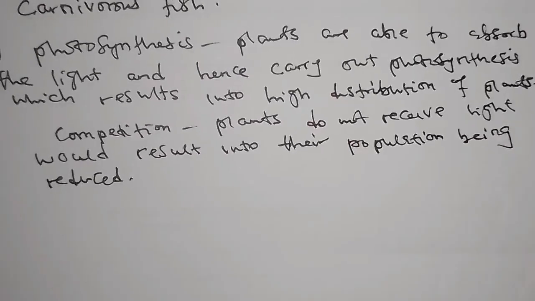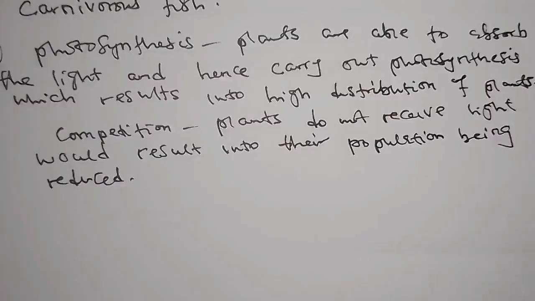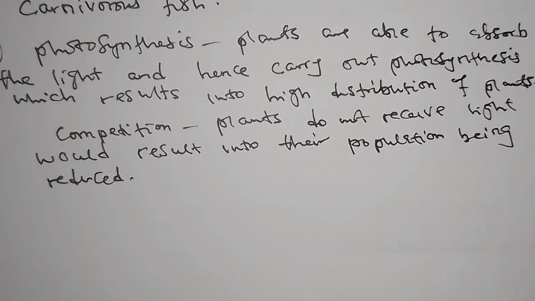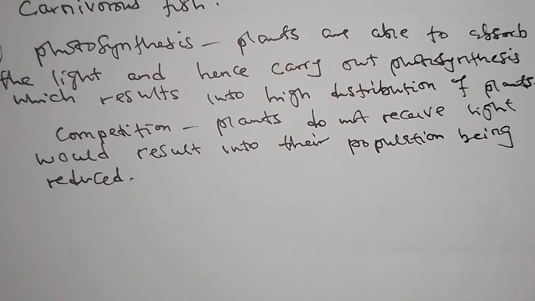Okay, so plants that do not receive light would actually result into their population being reduced, and those that are undergoing photosynthesis, because obviously they are able to adapt and get enough light from the sunlight, will have actually more chances of even being distributed, because those will grow out, and then some even pollination will occur because they have enough nutrients that they are receiving. So we go to the last question of our section A.